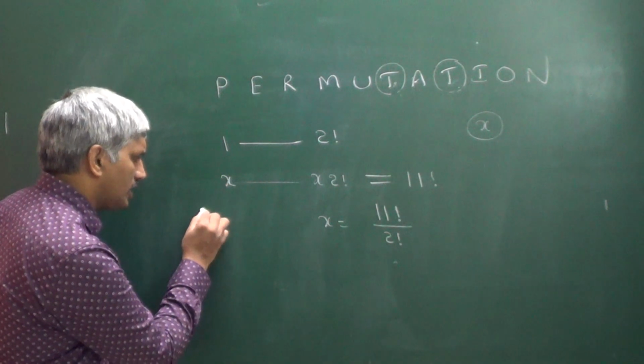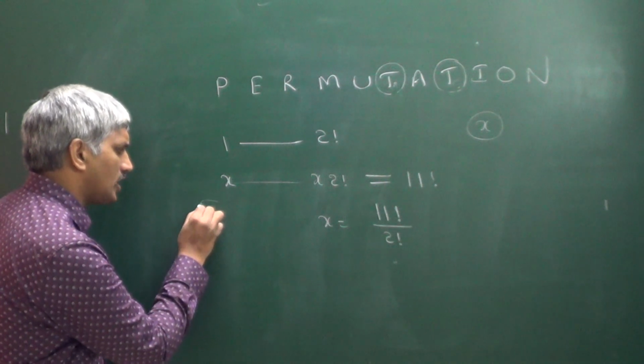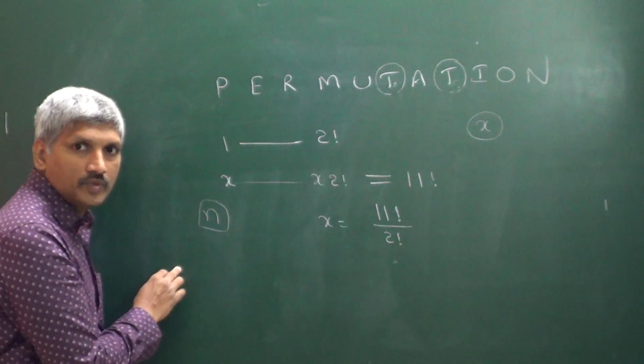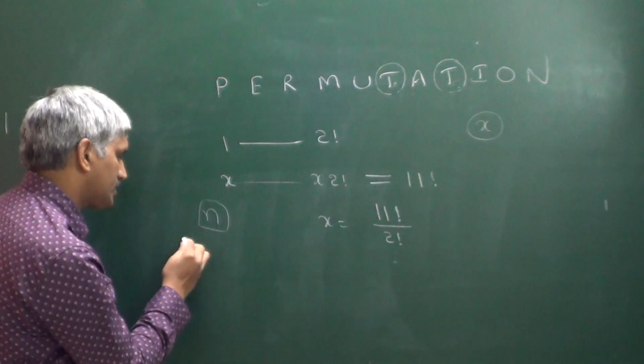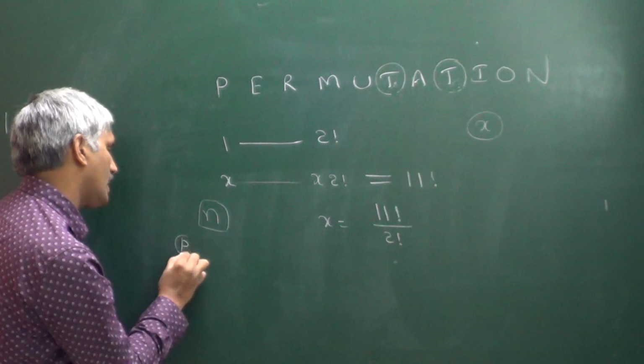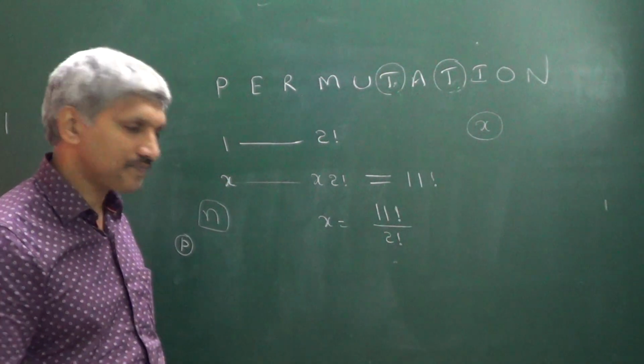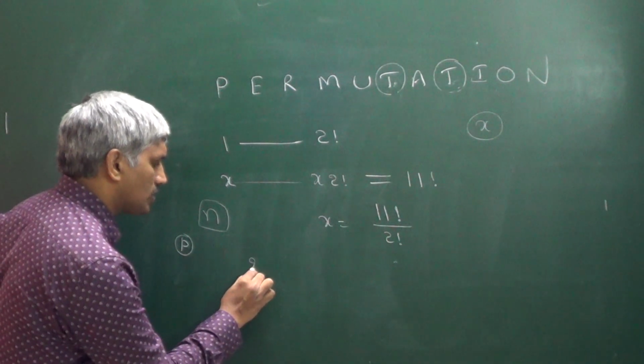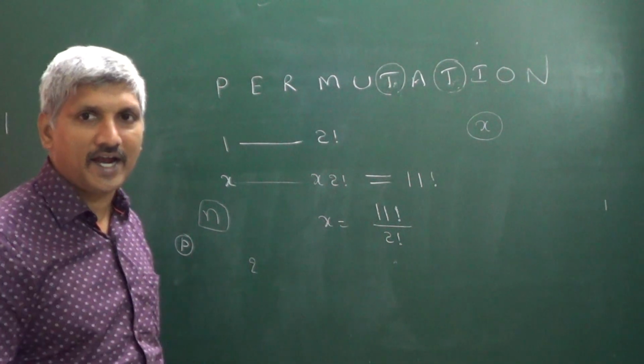In general, there are n objects in total. Out of these n objects, P objects are alike of one kind, and Q objects are alike of a second kind.